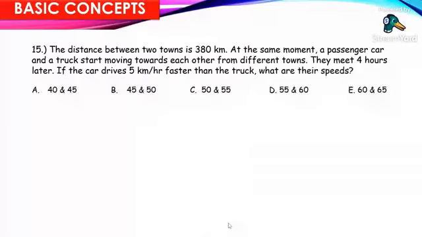So we have A, 40 and 45, B, 45 and 50, C, 50 and 55, D, 55 and 60, E is 60 and 65. So all the answers are very plausible since it is stated that passenger car is faster than the truck by 5 kilometers per hour na rate. So lahat pwede maging sagot. But what is the correct answer?